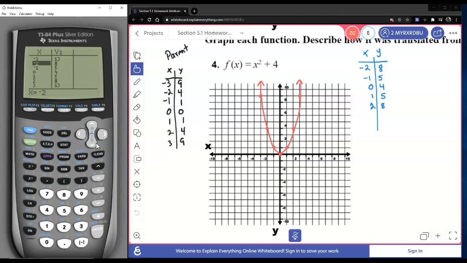Of course, I'm not going to graph that, so we have (-2, 8), (-1, 5), (0, 4), (1, 5), (2, 8). And you notice, what you want to do is you want a written explanation.